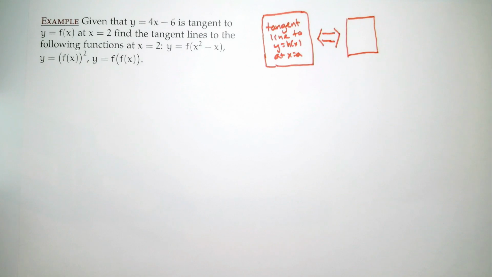Now when I say something about the function, I mean values about the function. So if I know the tangent line to h of x at x equals a, what do I know? Right, but think about it in terms of h. Express it in terms of h. What do I know? Okay, so h prime of a corresponds to that rate of change.